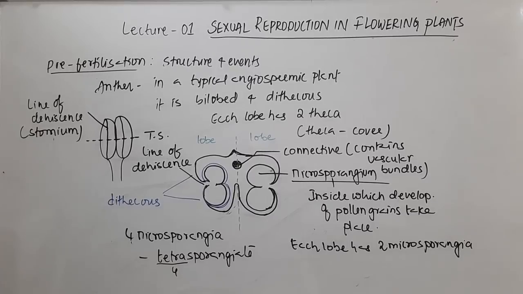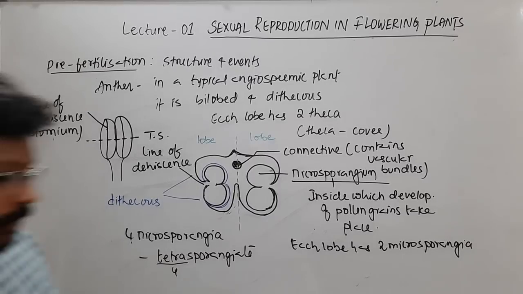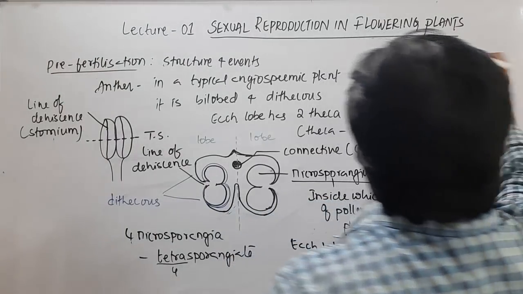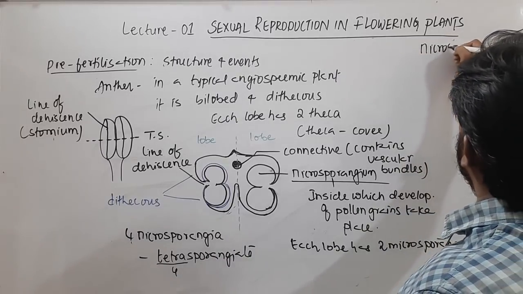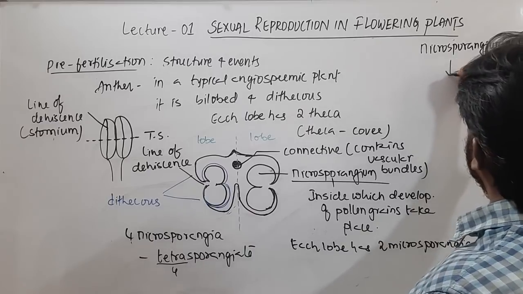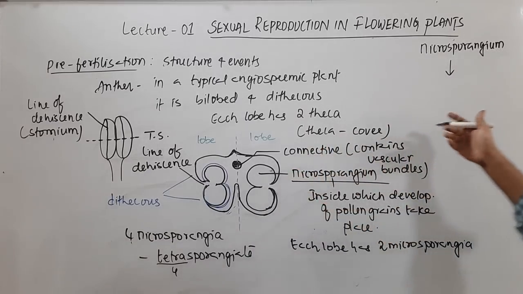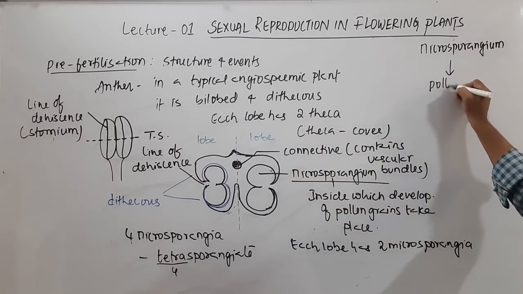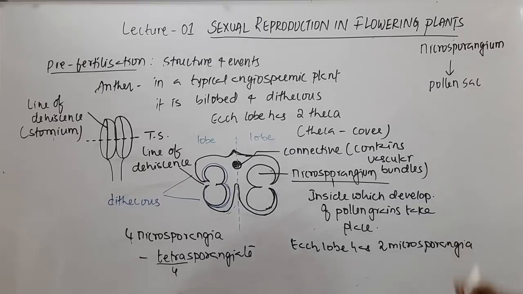These microsporangia are going to further develop into pollen sacs. As the anther develops, they become the pollen sac, inside which the development of the pollen grains will take place.